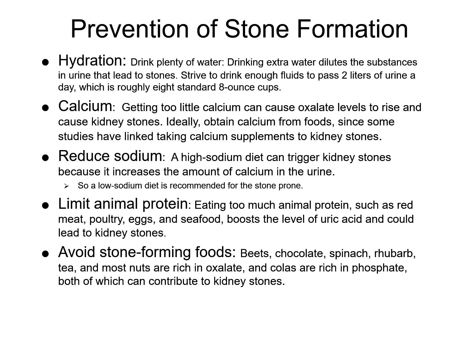Avoid stone forming foods. They took me off chocolate, which I loved. Beets, spinach, rhubarb, tea. I can't have tea. Most nuts are rich in oxalate, and colas are rich in phosphate. All of those can contribute to kidney stones.